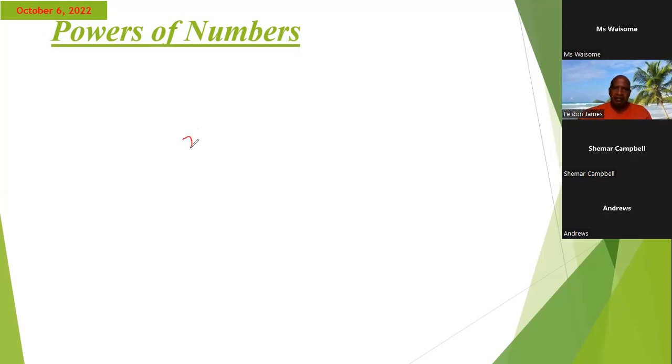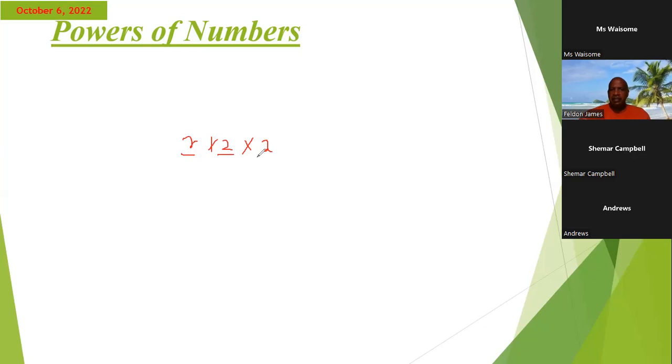Sir, the amount of times a number can be multiplied by itself. For example, you have 2 to the third power, so you have 2 times 2 times 2. All right, so we have 2, right? Yes, sir. So that is the number of times a number can be multiplied by itself. All right. So here is the number that you start off with, 2, and you multiply it by itself one time here.